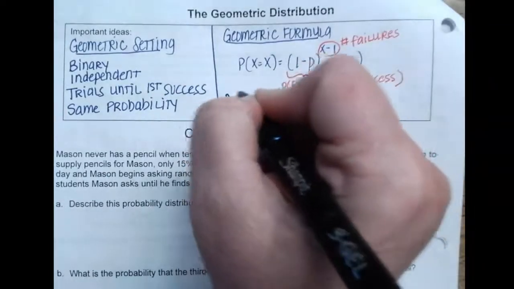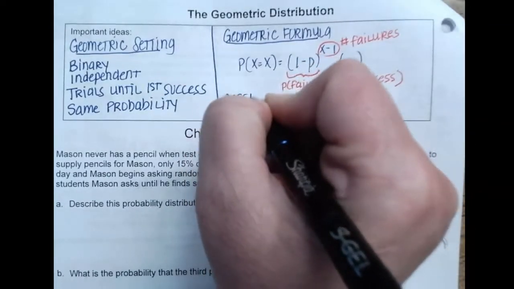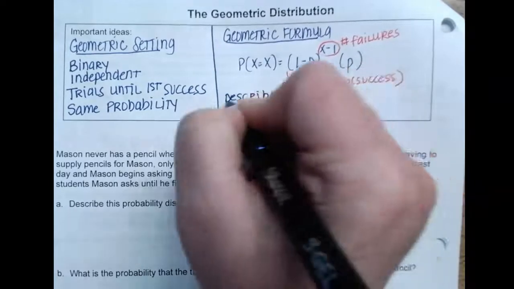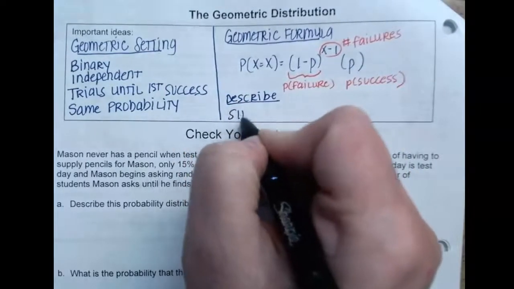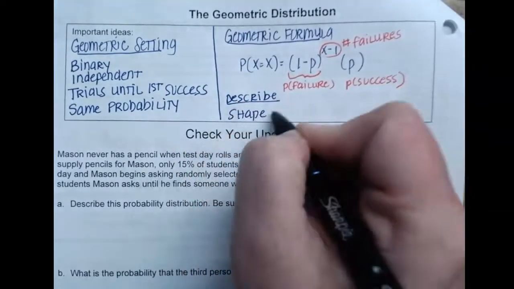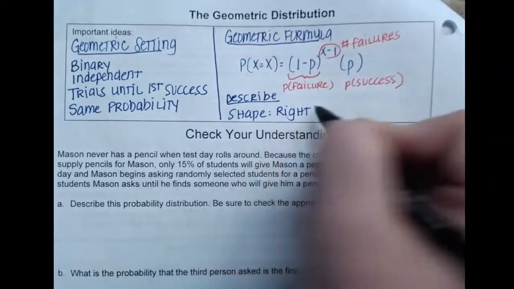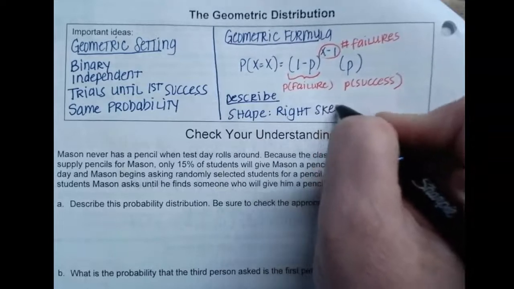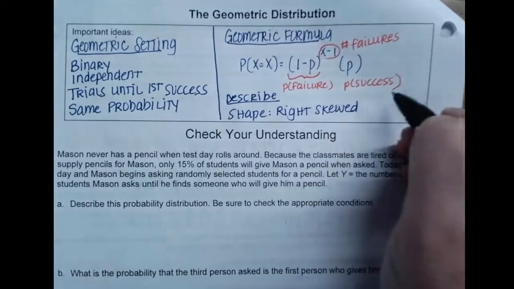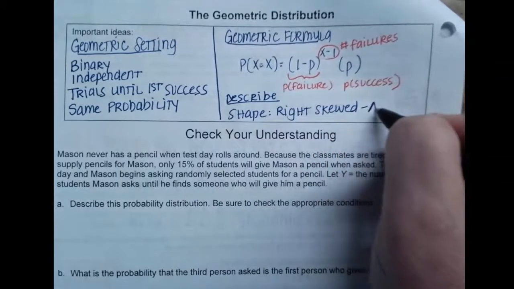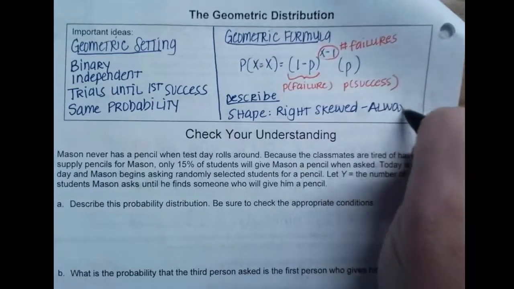Alright, so to describe your geometric distribution, your shape is always going to be right skewed. That's what I was showing you on the front, because the probabilities of a first occurrence drop as you go further away. Always right skewed.